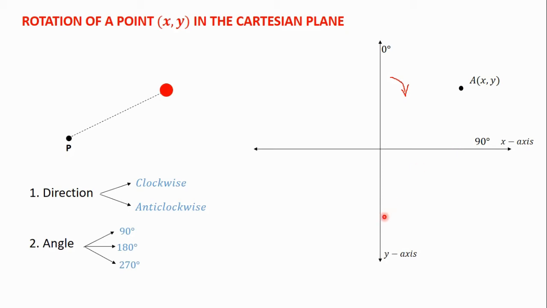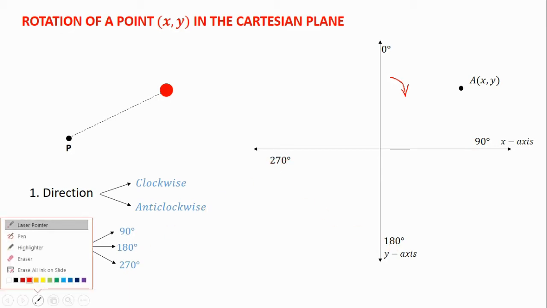From here to here is also 90 degrees. So if we add 90 degrees to 90 degrees, you have 180 degrees. From here to here is also 90 degrees. So if we add 90 degrees to 180 degrees, you have 270 degrees. So moving in the clockwise direction, you have 0 degrees here, 90 degrees, 180 degrees, 270 degrees.